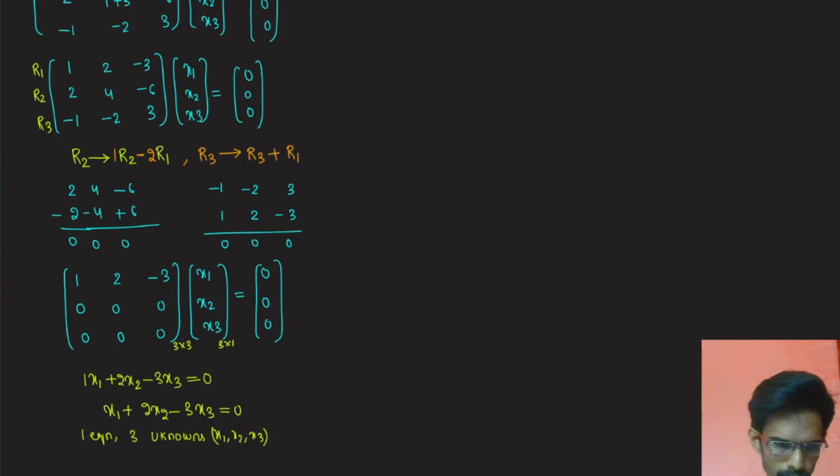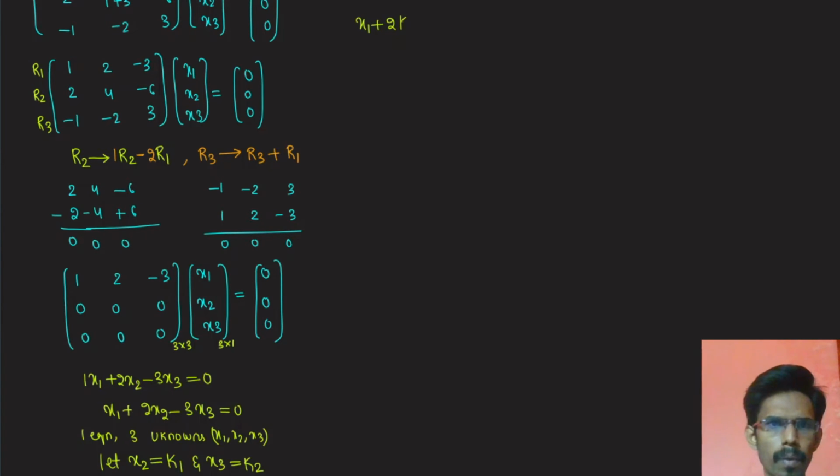Let us assume x2 value as some constant k1 and x3 value as some constant k2. Now put this k1 k2 in the above equation. What will happen here? I'll get x1 value will be minus 2 into x2, x2 is k1.